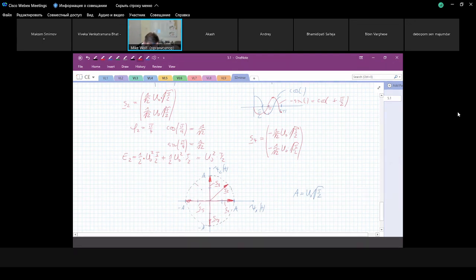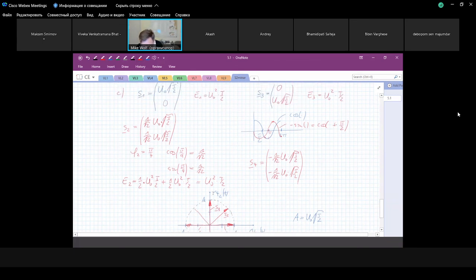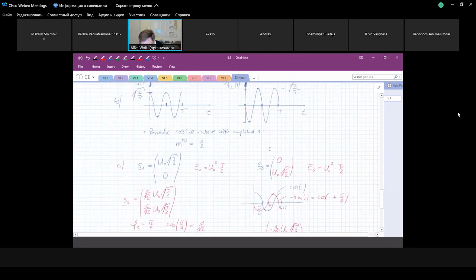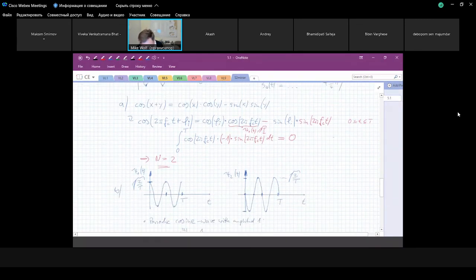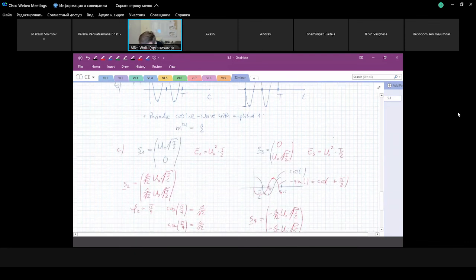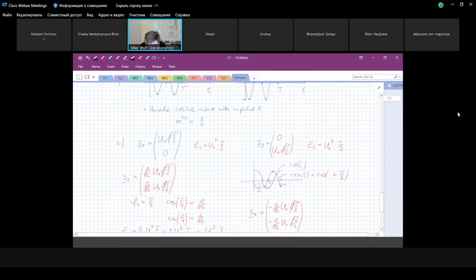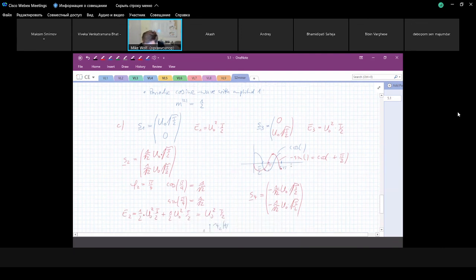And S4 has two negative, oh, then there is a mistake in my thinking. Cosine of 3 by 4 pi. Where is it? It's cosine of 3 by 4 pi. This is negative. Yeah, this is correct. The first component is correct. Now let's take a look at the second component.